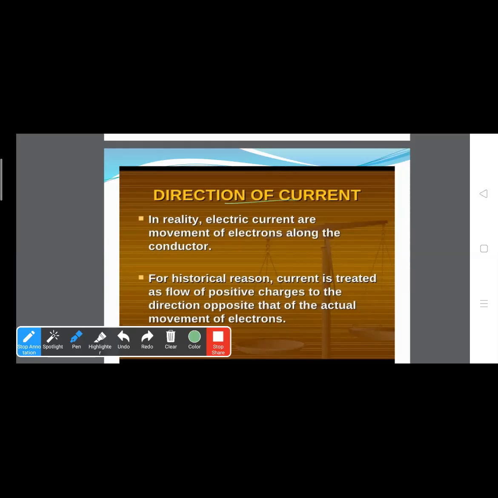Consider this electric circuit. This is the positive potential and this is the negative potential, and this is a bulb. Now, when switched on, electrons start flowing from this direction.